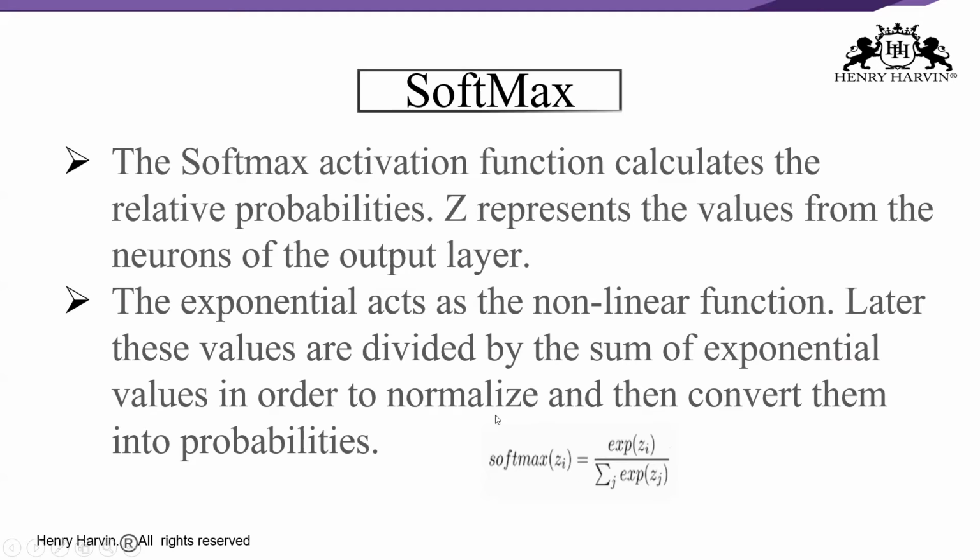This represents the values from the neurons of the output layer. The exponential acts as the non-linear function. Then we are dividing it by the sum of the exponential values in order to normalize, and then we are converting it into probabilities, right?